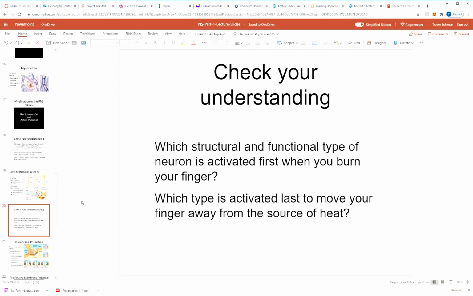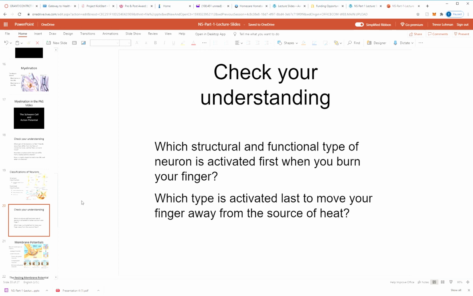It's hot in here. But okay, which structural and functional type of neuron is activated when you first burn your finger? If you touch a hot stove, a pain receptor is going to be activated. Temperature as well, most likely, but pain for sure because it's a hot stove. Pain receptors are attached to sensory neurons, so a sensory neuron is the functional type.